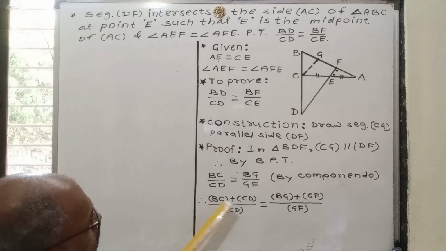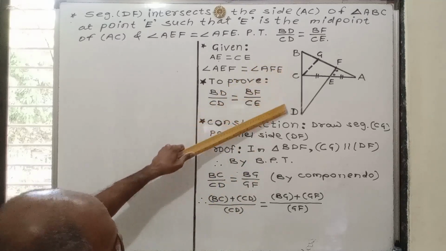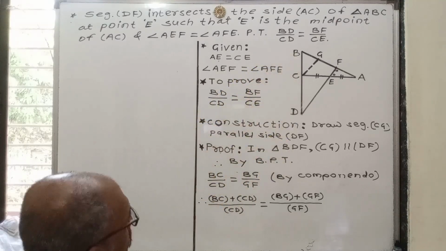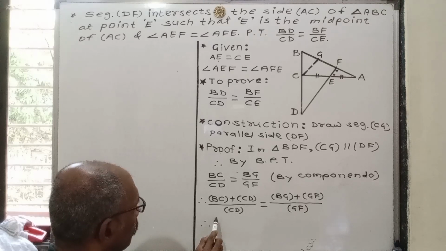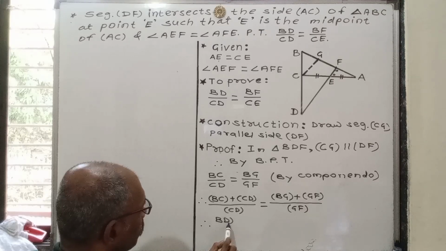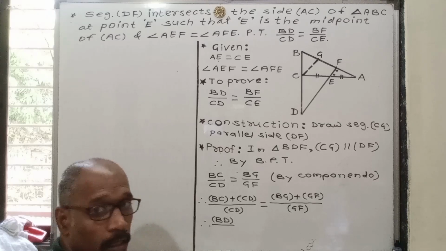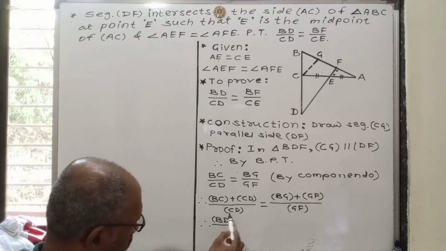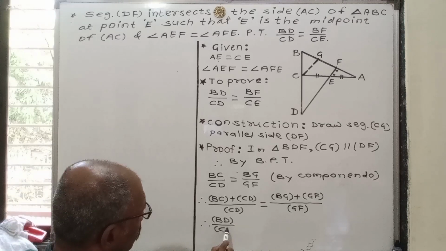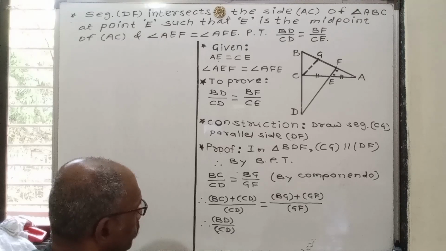Now BC plus CD means BD upon CD as it is.